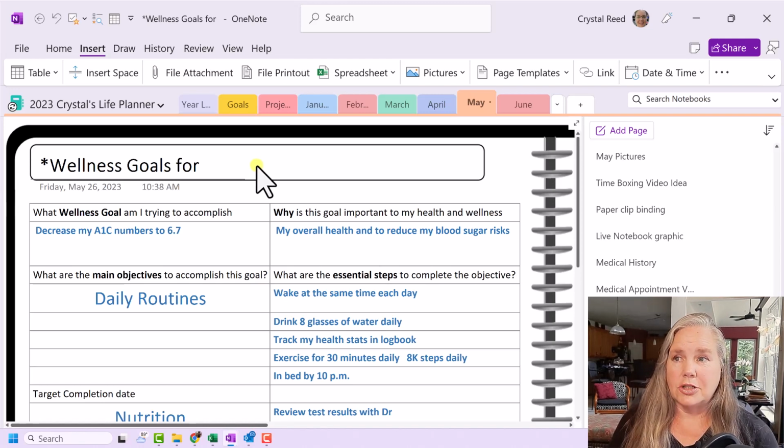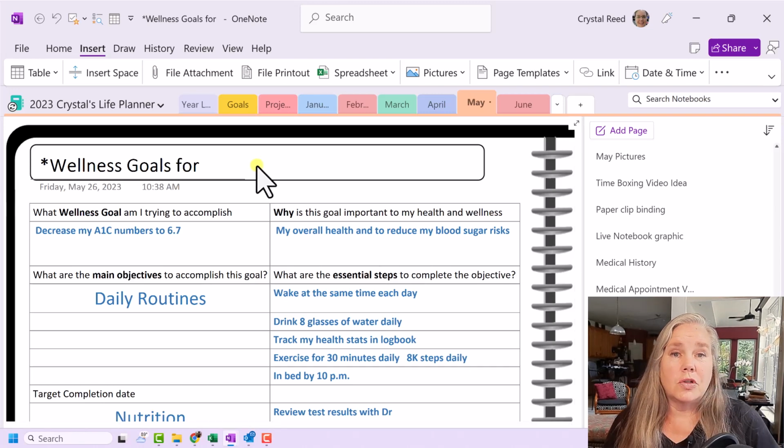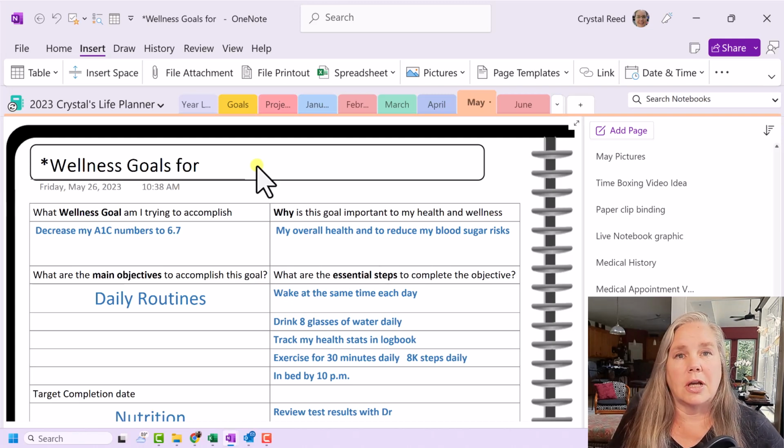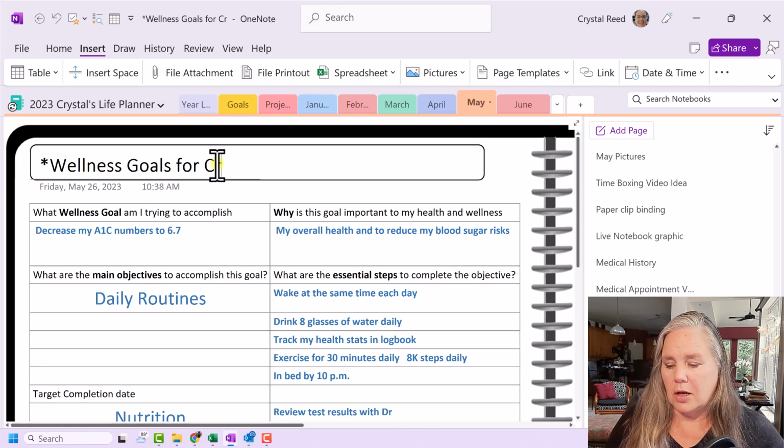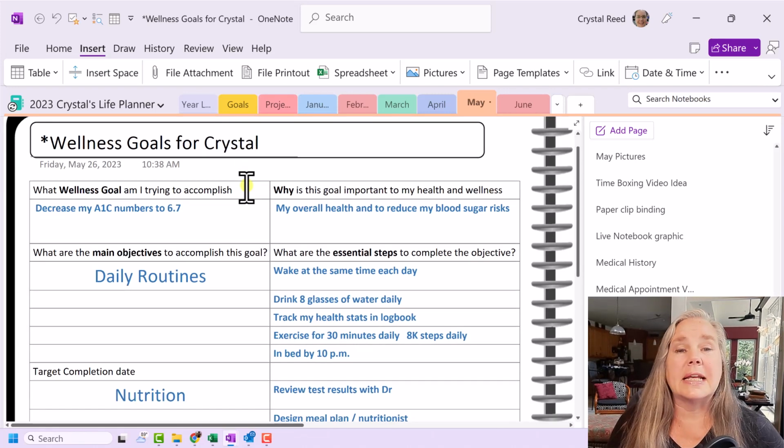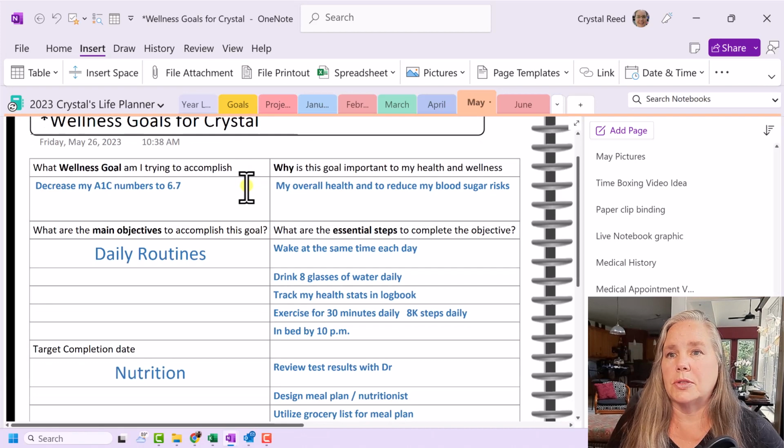What my intention is for this page is to use one page per goal in my health and wellness section of my medical notebook, okay? All right, so everything that you see here will be related to one goal. All right, so I can put down that this is a goal for me. And this is an example of what one of those goals might look like.